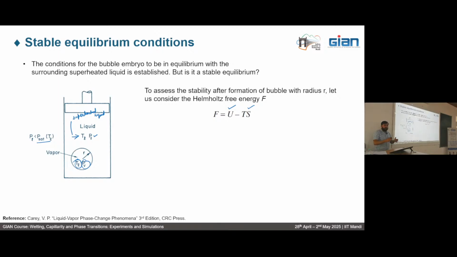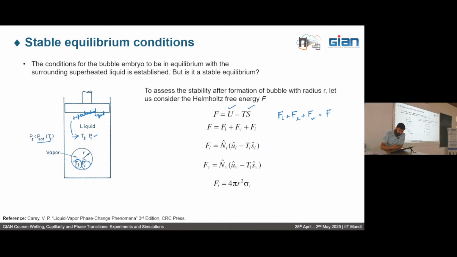It means that it is possible to write F by disintegrating it into F of liquid, F of vapor, and F at interface. So we can write F of interface plus F of liquid plus F of vapor is equal to F. That's what we are doing here.